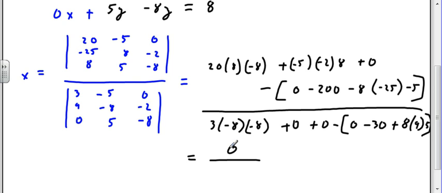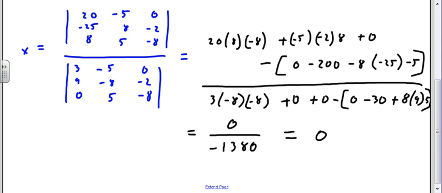Okay, and I've got a minus 1380 on the bottom. So my x becomes a 0. Now there's no reason x can't be a 0, so I would assume that it's probably okay, unless somebody puts it in their calculator and tells me it's wrong, and then I'd change my opinion.